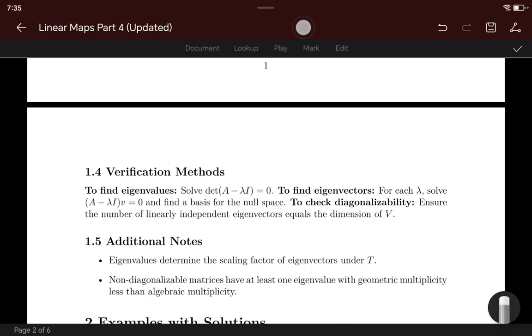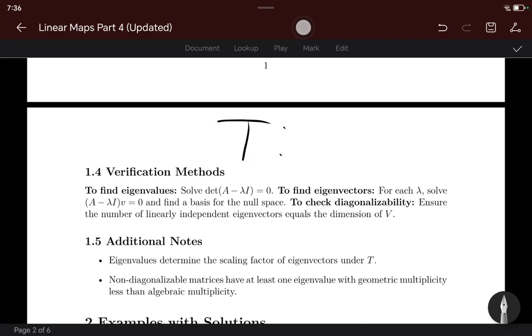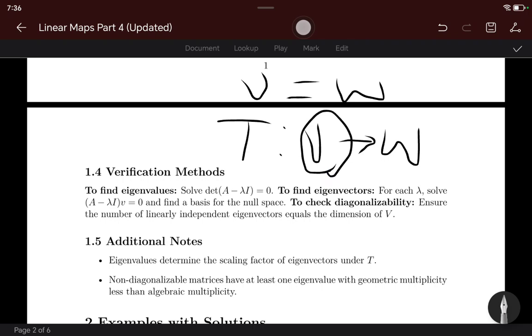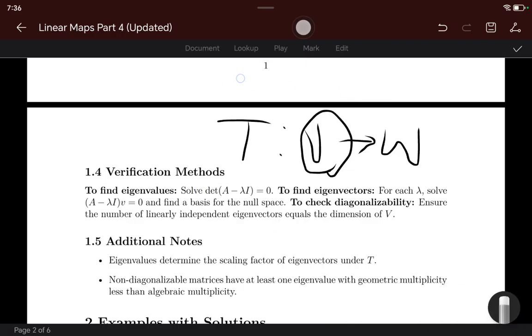Now they say to check diagonalizability, ensure the number of linearly independent vectors equals the dimension of V. Remember, V is the domain, in most cases. So the dimension of this should be equal to the number of linearly independent vectors. This is the simplest one to look at, but we're not going to focus on one thing. We're going to look at as many as we can.